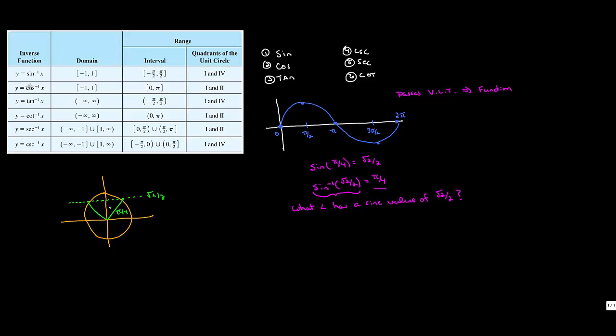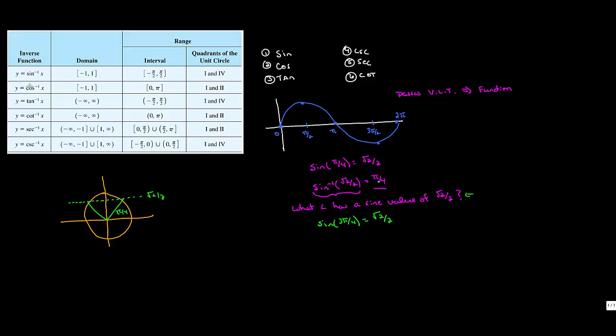This is pi over 4, 2 pi over 4, this guy, 3 pi over 4. This sine value at 3 pi over 4, that's also square root of 2 over 2. So to answer this question, we have an infinite amount of solutions, meaning that this is not unique.